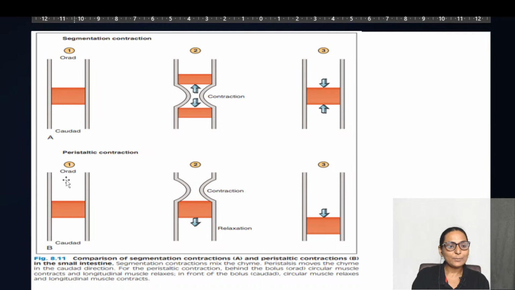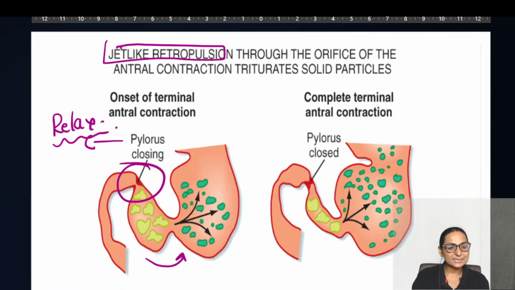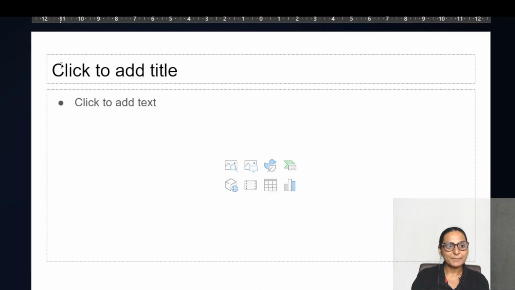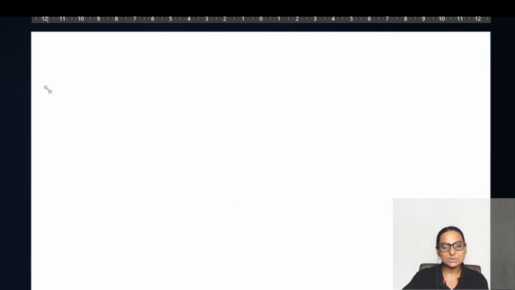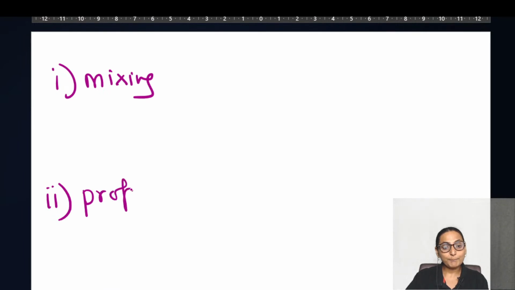Now, next one. This is regarding the stomach which we saw. But when you consider your small intestine and your large intestine, there you get two different types of movements. What are those movements? One is a mixing movement that will only mix the food, and second is the propulsion movement, which is going to move the food forward.